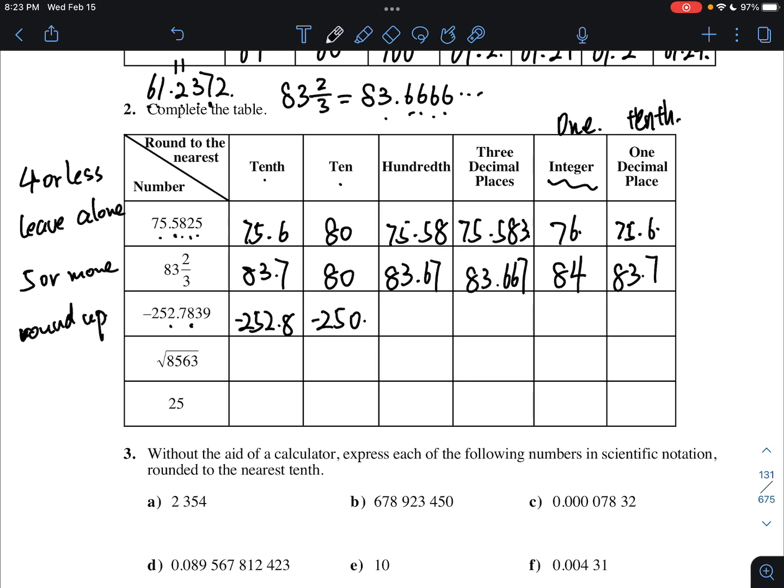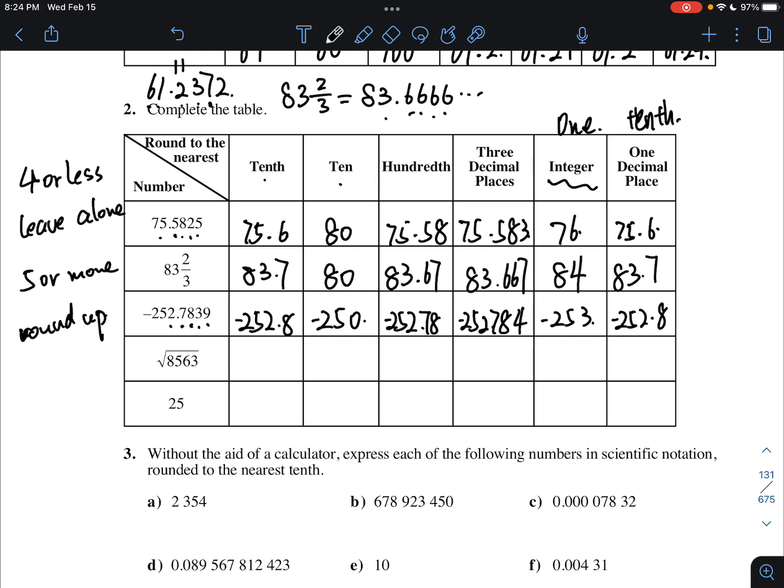And for the hundreds, we need to look at the 3. 3 is 4 or less, so leave alone, so it's -252.7. And next one, 3 decimal places, and for this one we need to look at 9. 9 is 5 or more, we round up, so it's -252.784. And then for the integer, we need to look at 7. 7 is 5 or more, so we round up, so it's -253.